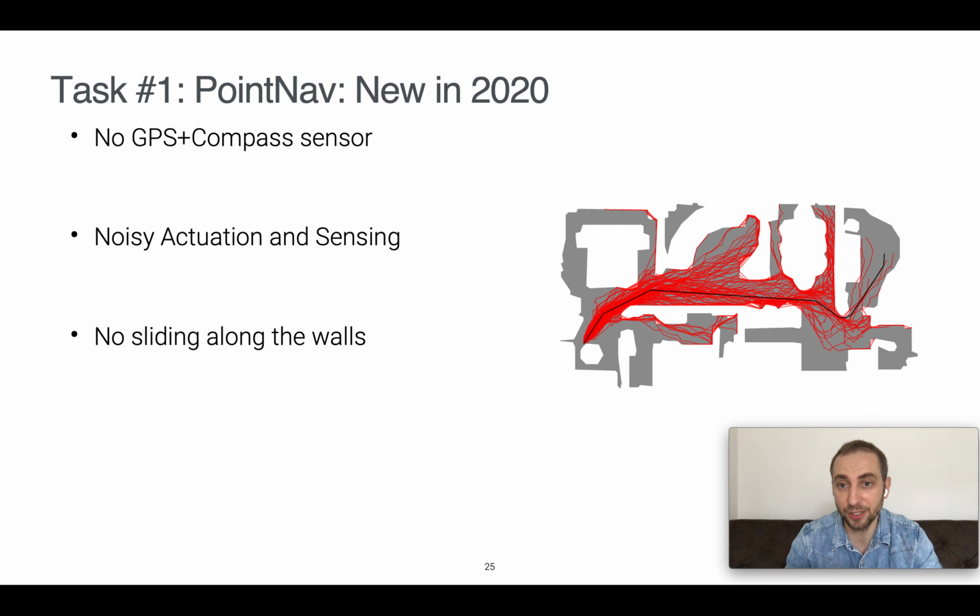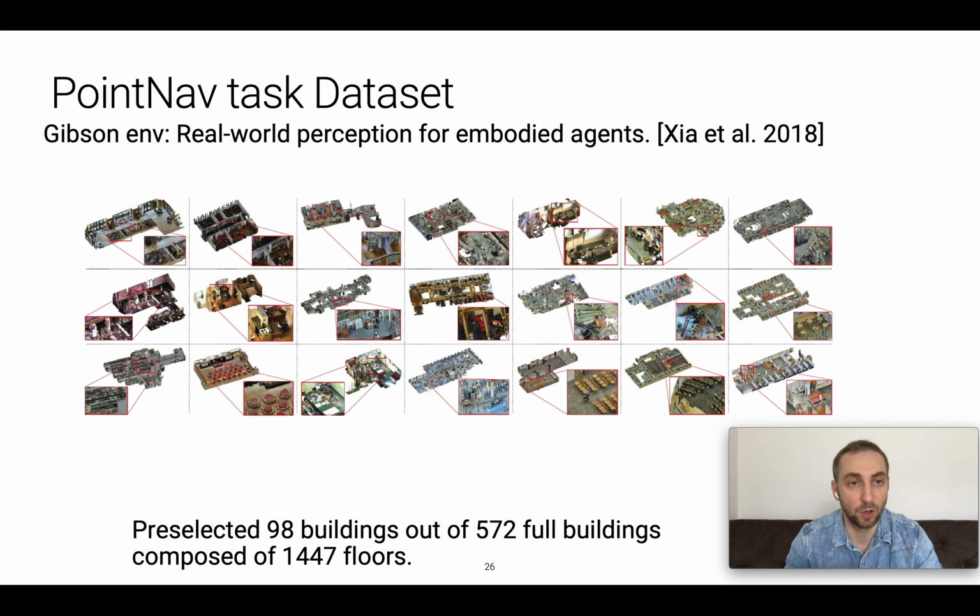And as you can see here, the same sequence of actions can lead to very different trajectories. We disabled sliding along the walls for both challenges because we found that it limits the sim to real capabilities of the trained agent. All this was defined on Gibson scenes that are described in this paper.